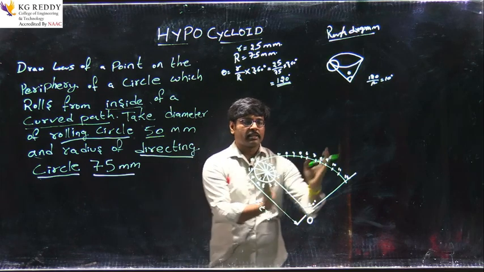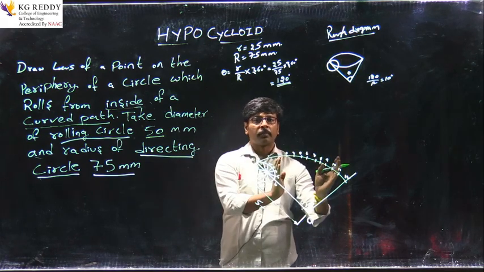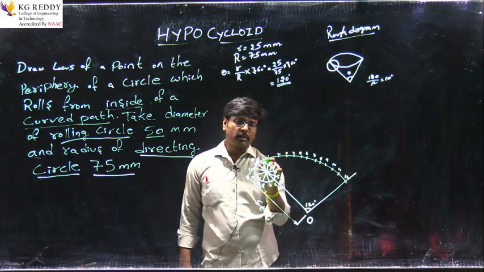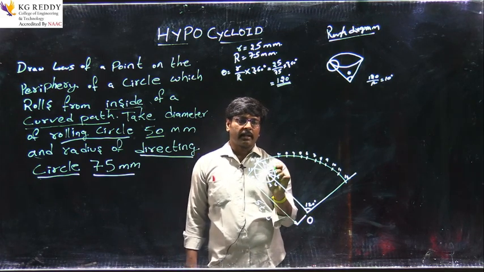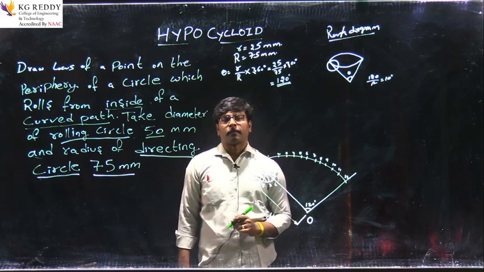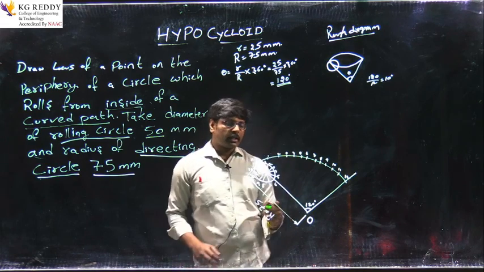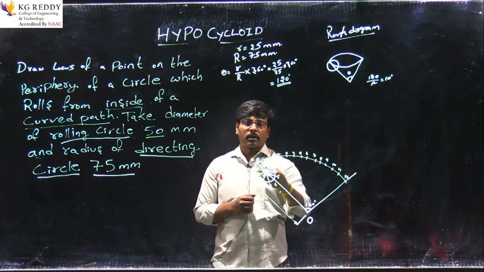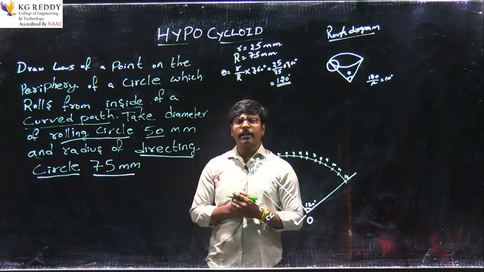While it is rolling inside the curved path, it will touch point 1 on this curve, and second, third, like this.